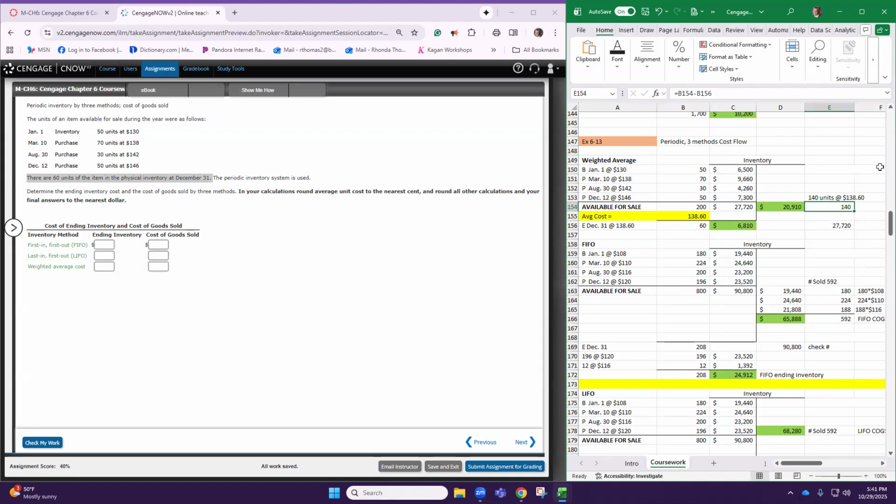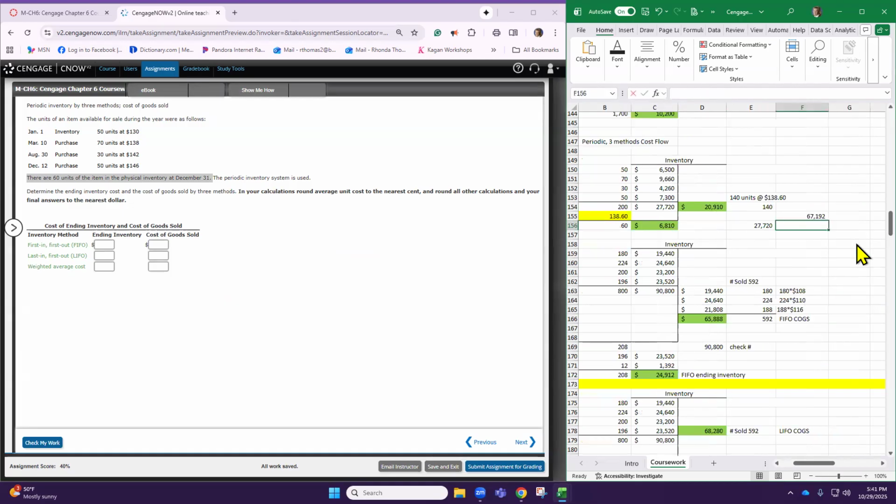Okay, 138.60. So let's check my math here. And once again, you should be able to add up these two numbers here. Here's my check figure. Does it come to the total available for sale? Yes. So let me put check figure, check number. Nothing wrong with doing that.